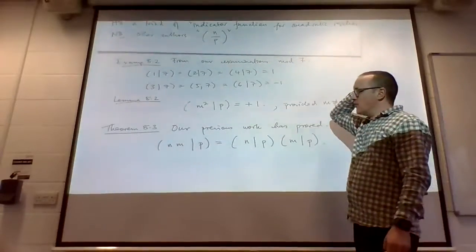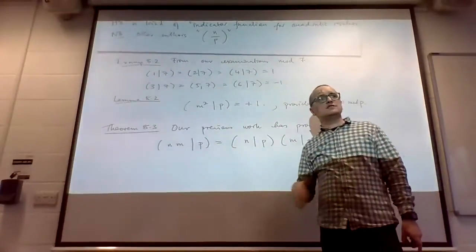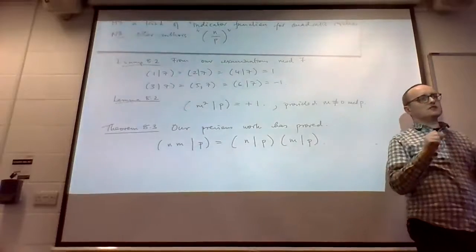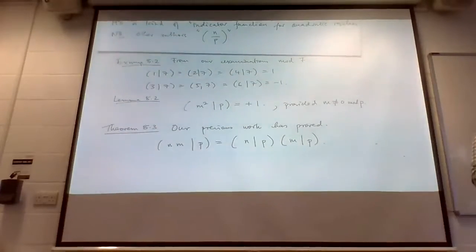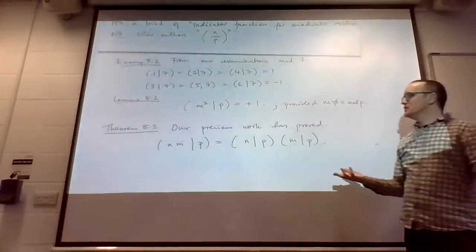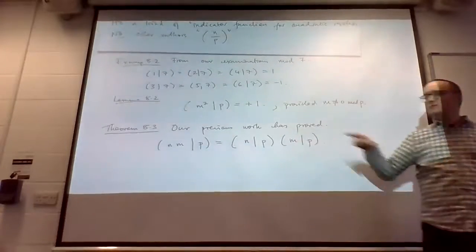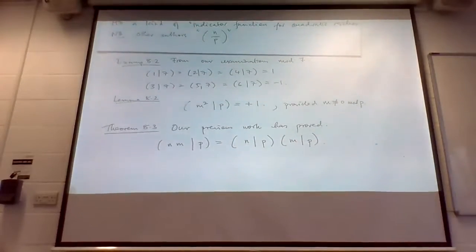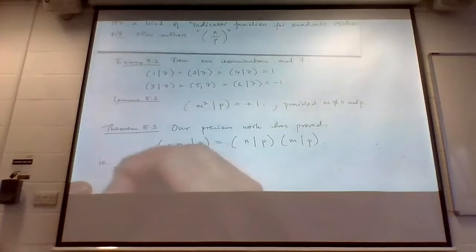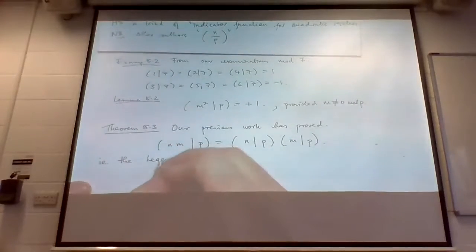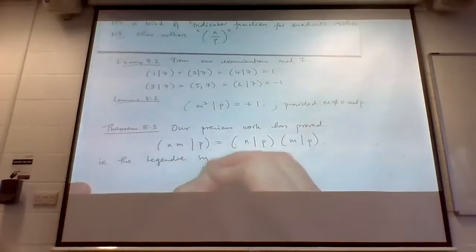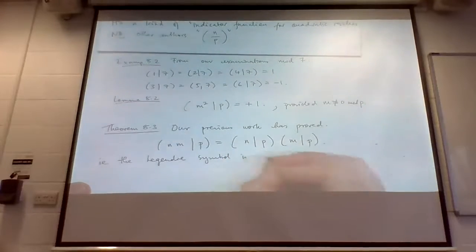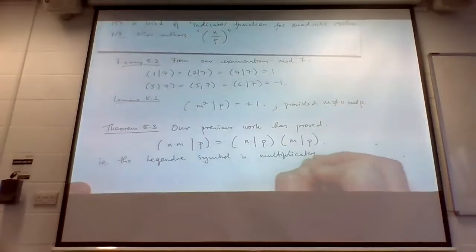Well, what we've done before in proving that if you multiply two residues, you get a residue; if you multiply a residue and a non-residue, you get a non-residue; and if you multiply two non-residues, you get a residue, effectively means that the Legendre symbol is multiplicative in the first position.